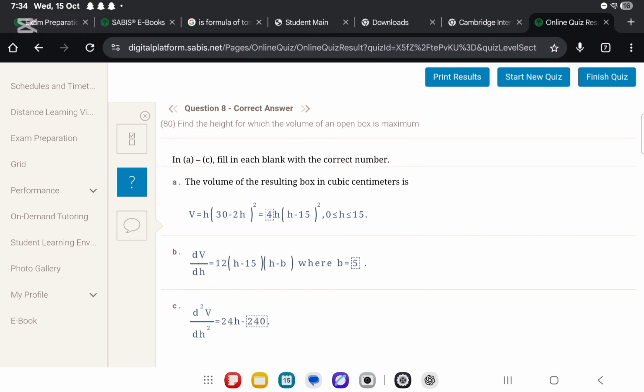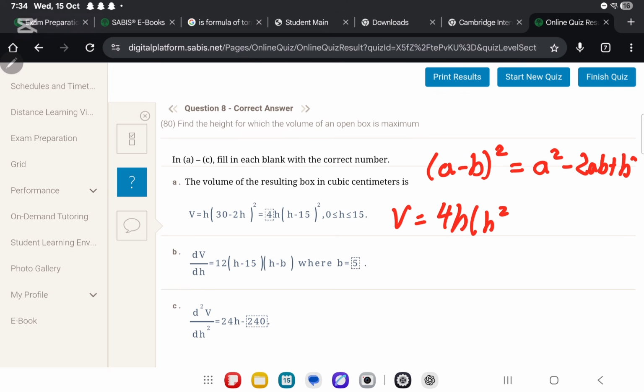Okay, so for this, I just solved it really quickly. First of all, I'm going to expand this. So v is equal to 4h into h squared, and then remember the remarkable identity: a minus b squared is equal to a squared minus 2ab plus b squared. So we have a squared now minus 2 times a, which is h, into 15, which is minus 30, plus b squared, 225.